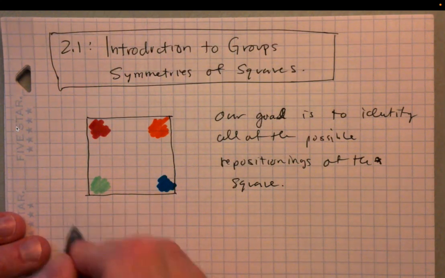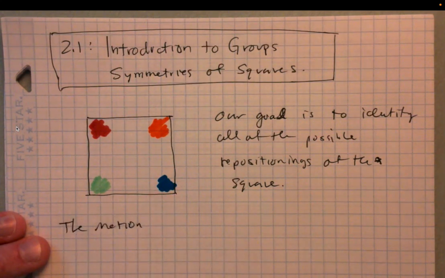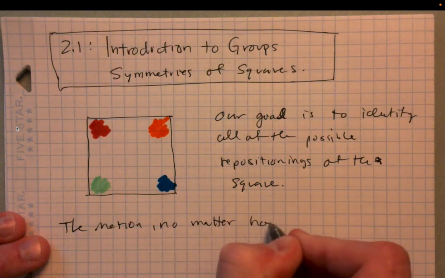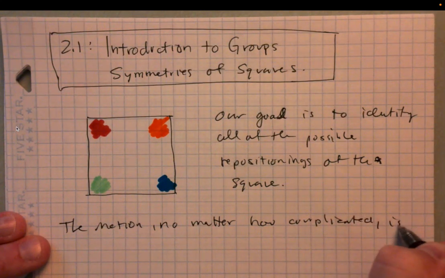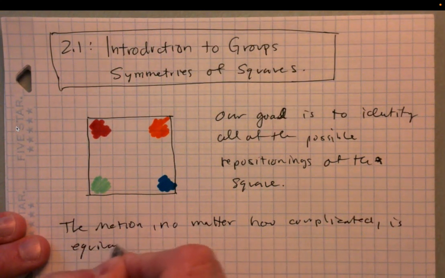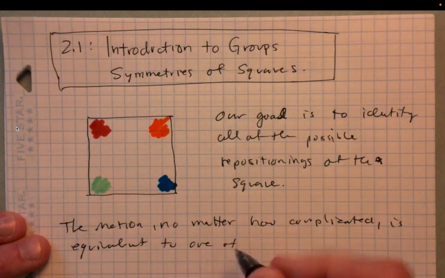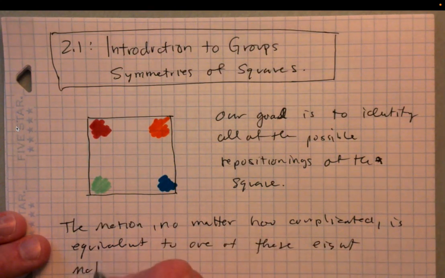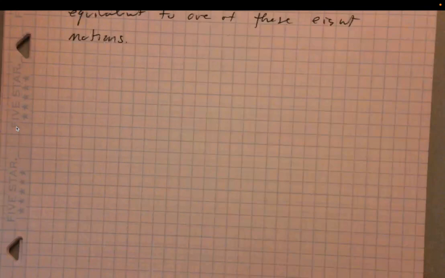We're going to start with this statement: the motion of the square, no matter how complicated, is equivalent to one of these 8 motions. There are fundamentally 8 motions that we can apply to this square, and we're going to list them all right now.